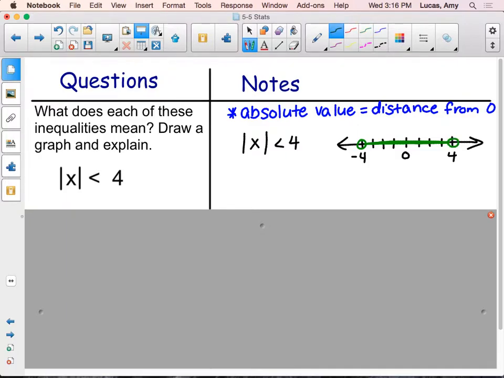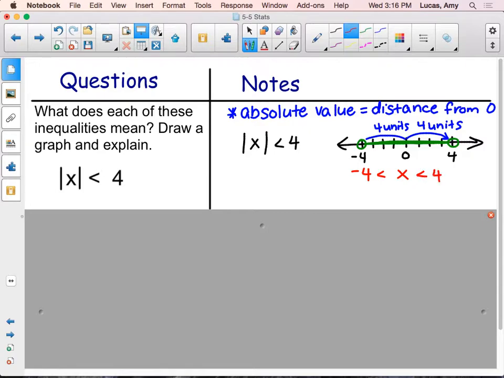And that would represent all of the numbers that are less than 4 units away from 0 on a number line. So from 0, 4 units away, this is 4 units to the right, or this way, it would be 4 units to the left. So it creates a segment from -4 to +4. So remember that that would mean -4 is less than x, which is less than 4.